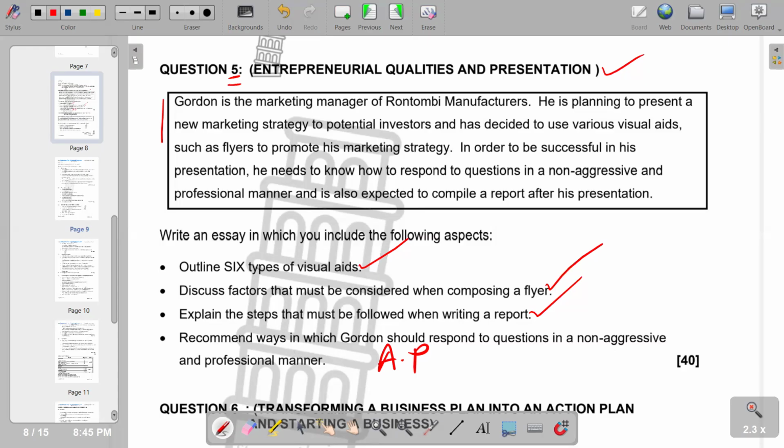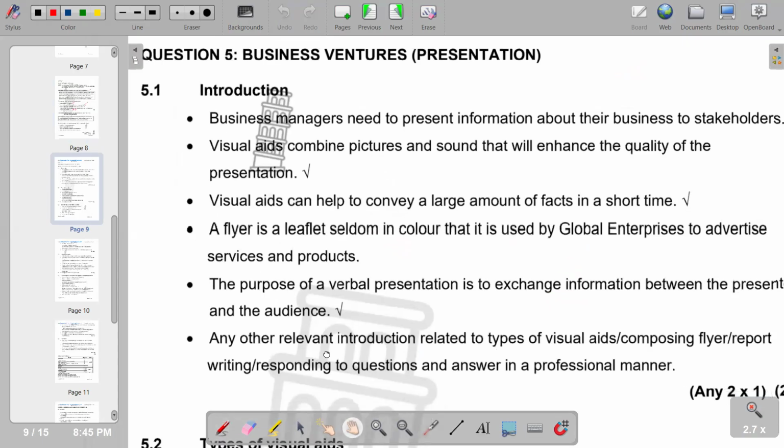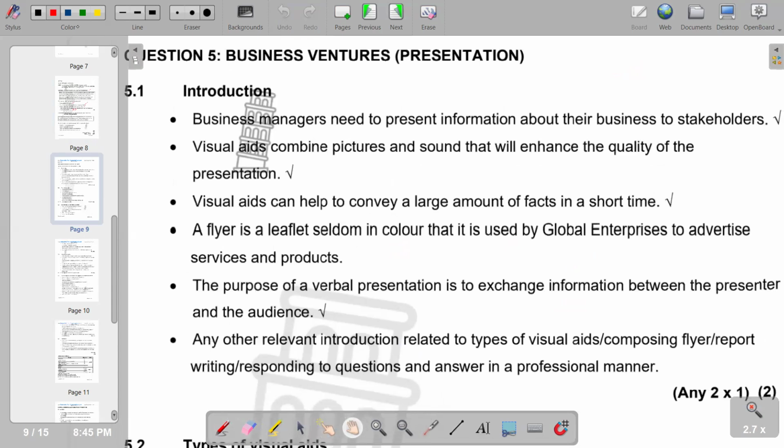So of course, this is an essay. We are supposed to start with our introduction, and this is a typical introduction that you can come up with within the context of this question. It reads: the business manager needs to present information about their business to stakeholders. Visual aids combine pictures and sound that will enhance the quality of a presentation.